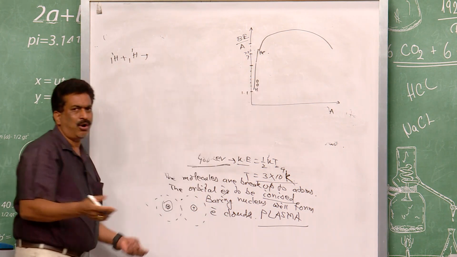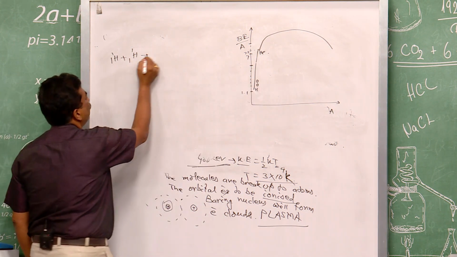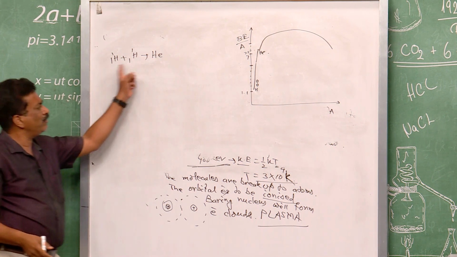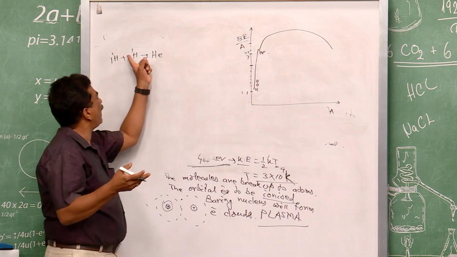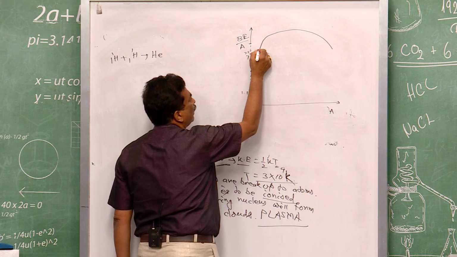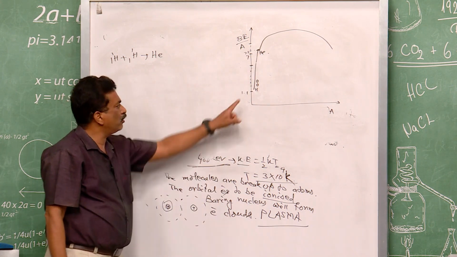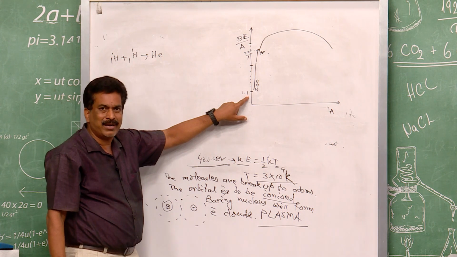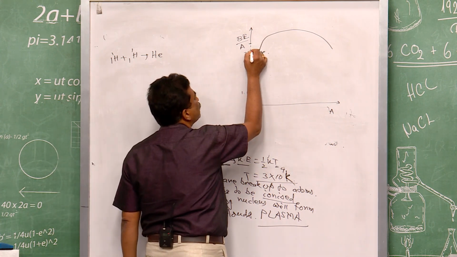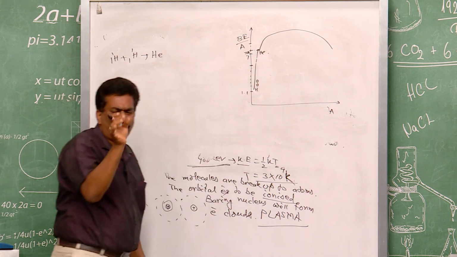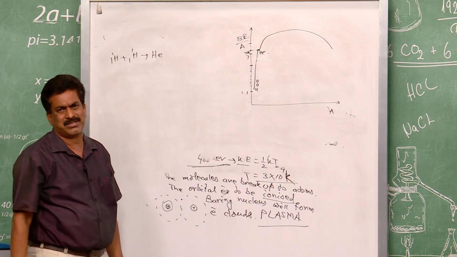These 2 on combining will give you helium by further processing. So the hydrogens which have energy 1.1 now achieve the position of 7.2 to 7.6, within this interval it will exist.